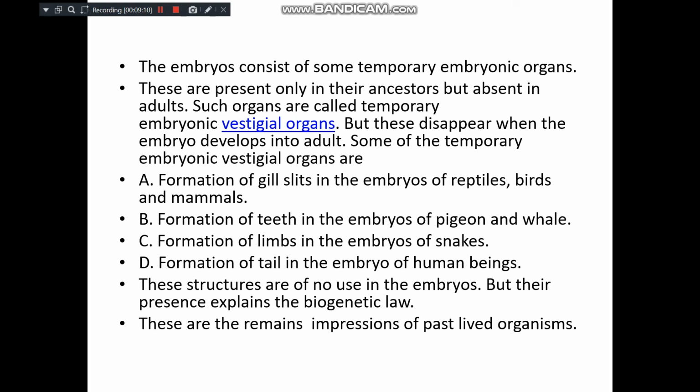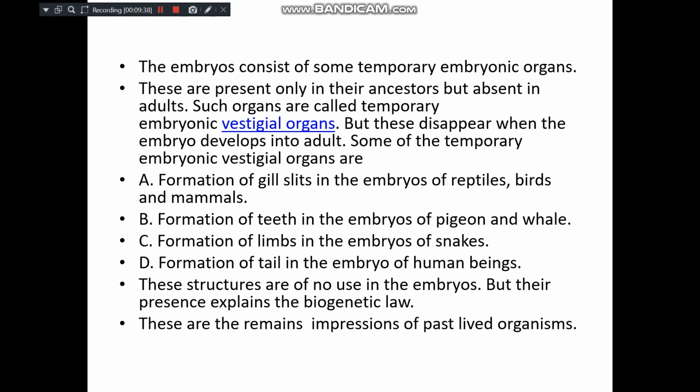All embryos consist of some temporary embryonic organs. These organs may have been present in their ancestors but are absent in the adult, what we call vestigial organs. Apart from the vestigial organs, there are many temporary embryonic organs, for example the gill slits in the embryos of reptiles, birds, and mammals.